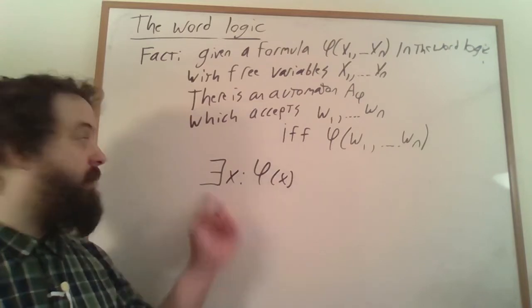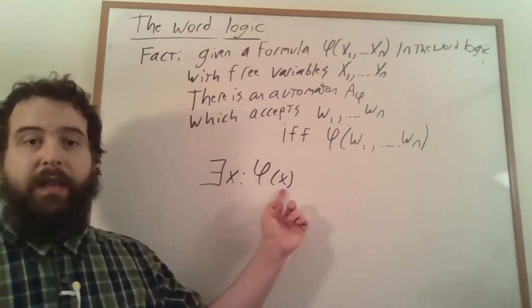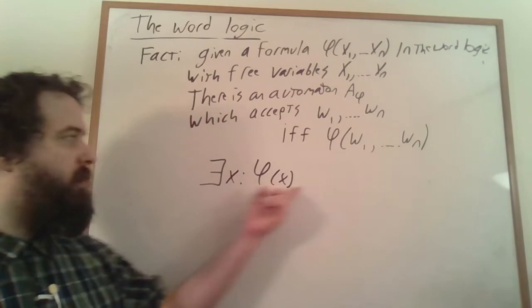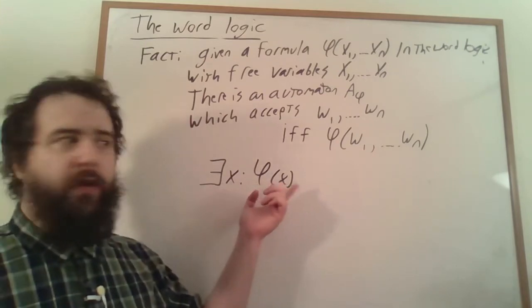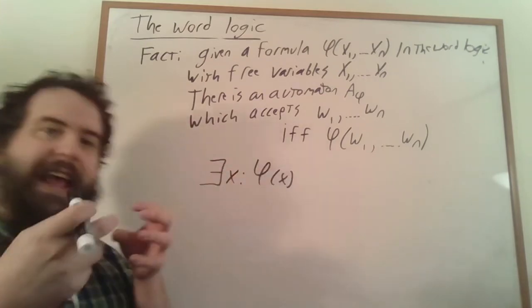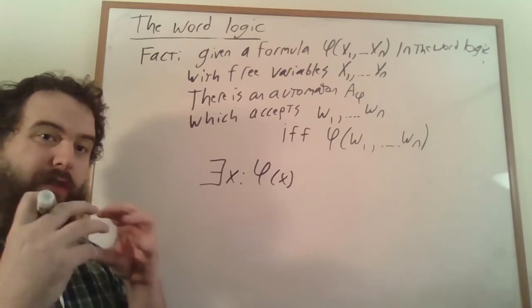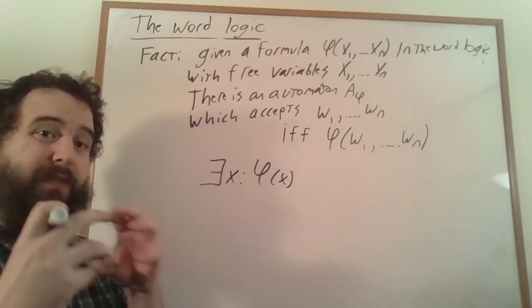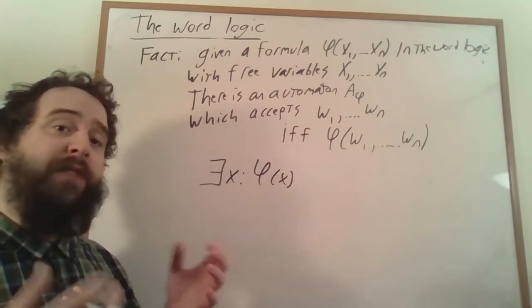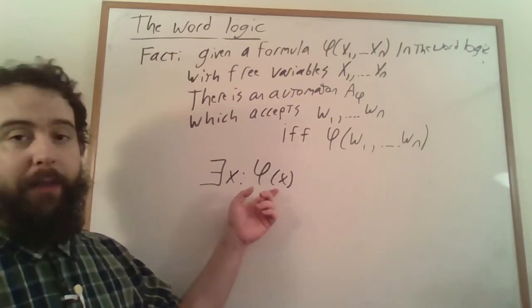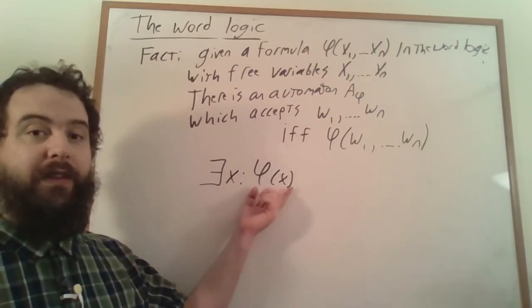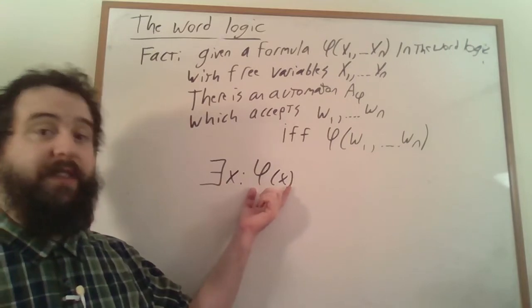Now we have our automaton corresponding to this formula, and we simply check in order to determine if this formula is true. Did we actually unwind any accept states to the start state? Did we make the start state an accept state or not? Effectively determining if there were any accept states reachable in the automaton for our smaller formula phi of x.